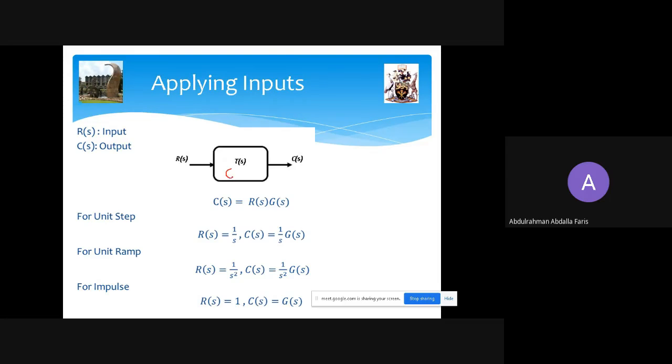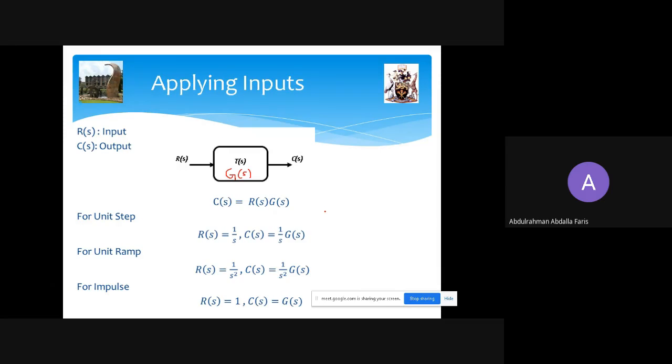So for a unit step, you just multiply 1 over s by your transfer function G(s). For a unit ramp, 1 over s squared. For an impulse, it is just 1. So for an impulse, C(s) equals G(s); for a ramp, C(s) equals 1 over s squared times G(s); and for a step, C(s) equals 1 over s times G(s).